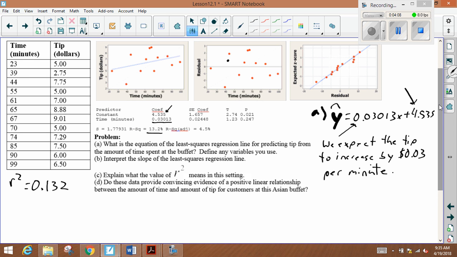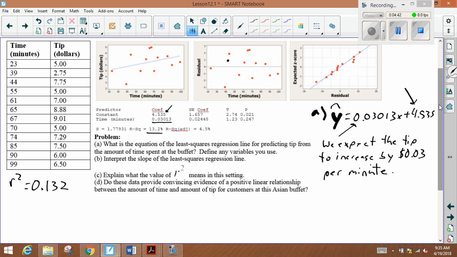The percentage of variation in my response variable that can be attributed to my explanatory variable. Response y, explanatory x.